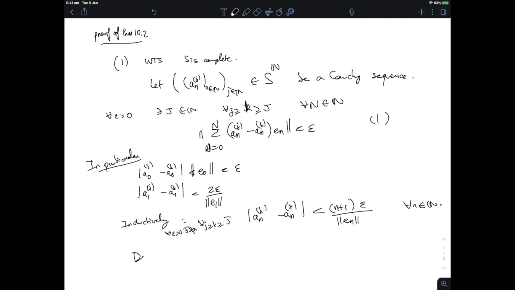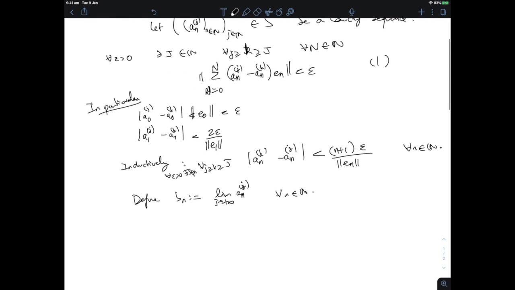So now I can define b_n to be the limit of the a_n^j as j goes to infinity. Of course, for every n, a_n^j as a sequence indexed by j is a Cauchy sequence in R, and R is complete. So this is well defined for all n in N. And now what I want to show is that this sequence b_n is actually in S. But what have I got?